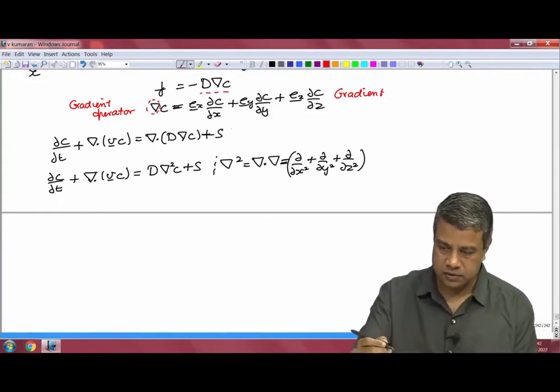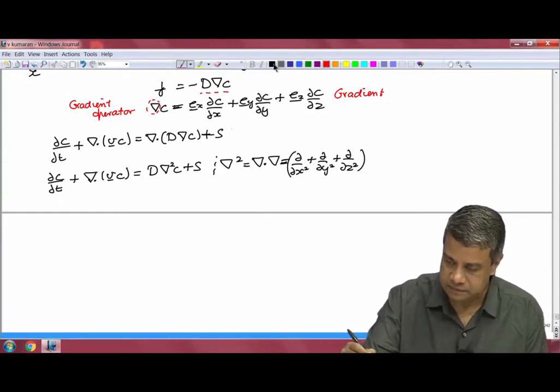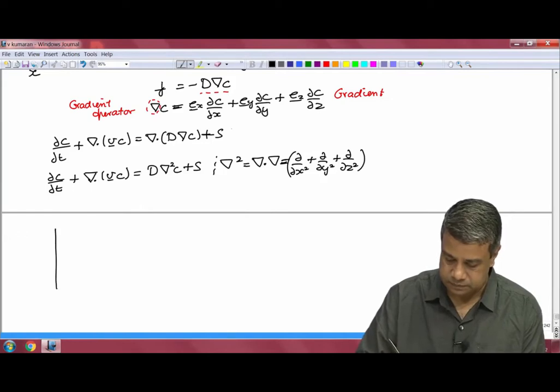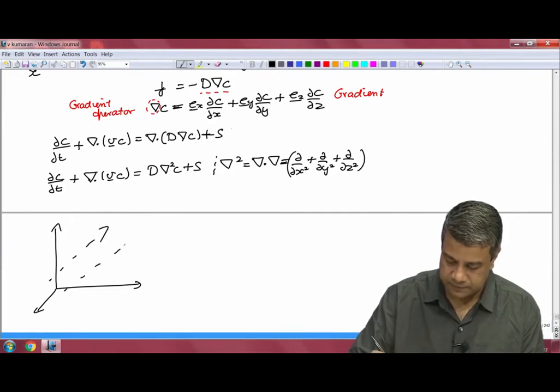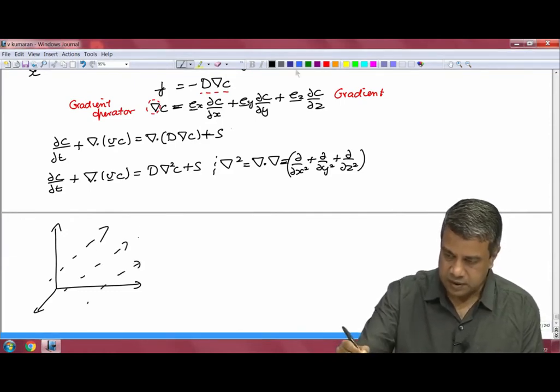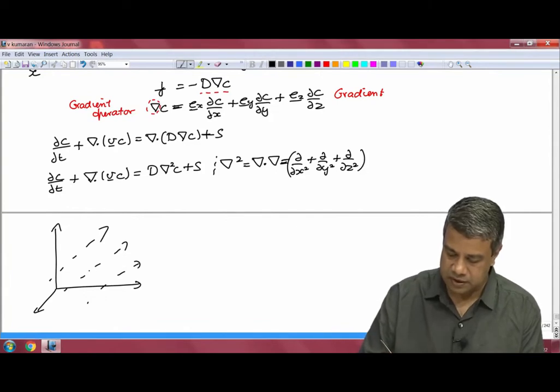And then I had also shown you that the substantial derivative, okay, if I have some velocity field and there is volume of fluid that is being convected along with this velocity field. Okay.